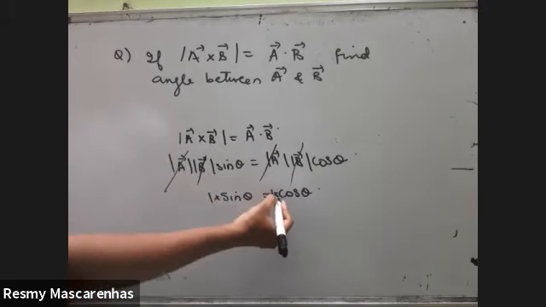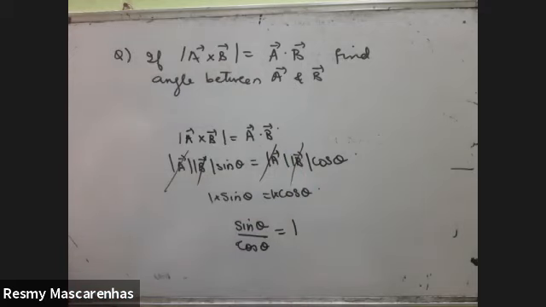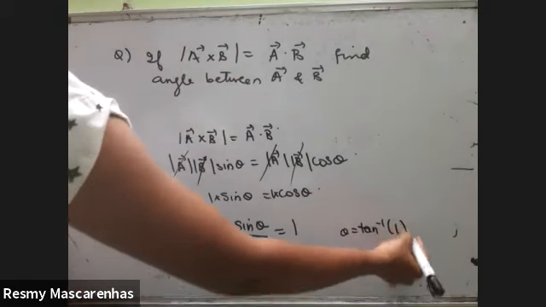So keep the 1 here, and bring cos theta this side. It's multiplication, so cos theta will come to the denominator. You know that sin theta upon cos theta is tan theta. And theta is nothing but tan inverse of 1.